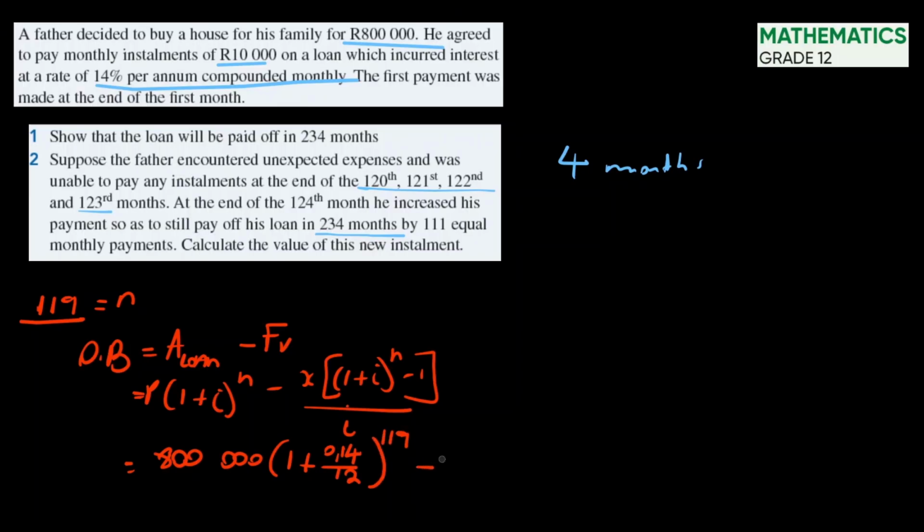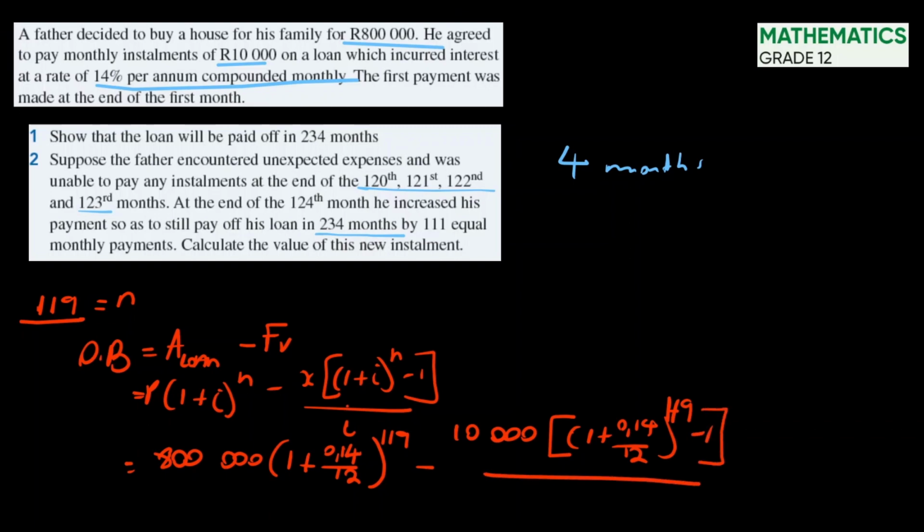We want to know what the loan value is before he stops paying, and our x value is 10,000, times (1 plus 0.14, all divided by 12, to the power of 119) minus 1, all divided by our interest, 0.14 divided by 12. So what will our outstanding balance be?